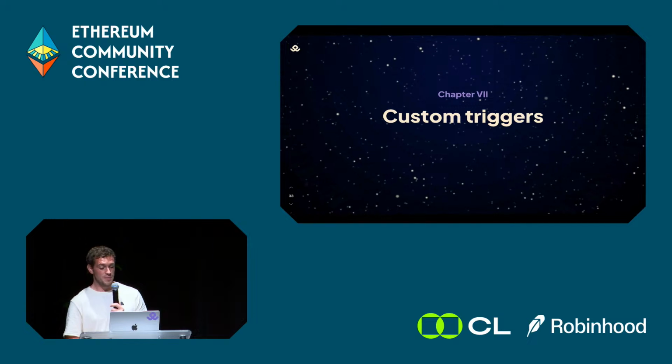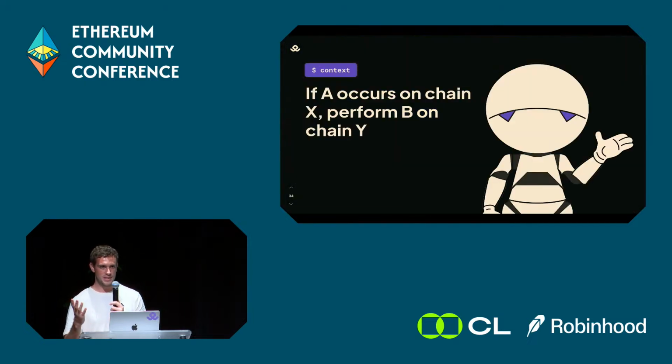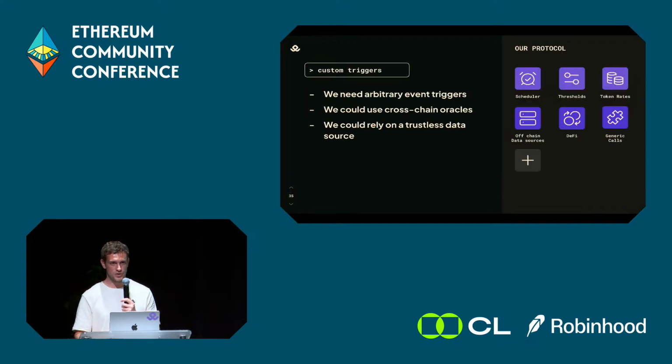Let's move to the next chapter, custom triggers. Just a quick example: if A occurs on chain X, I want you to perform B on chain Y. This could be like a cross-chain trigger or something like that. But at some point, we can summarize this as arbitrary event triggers.